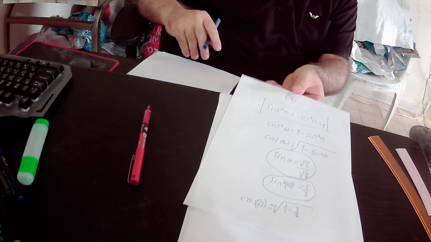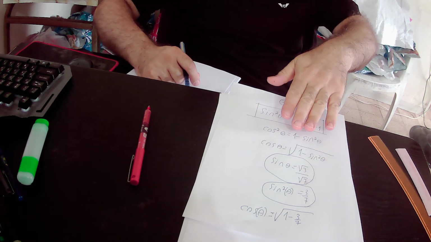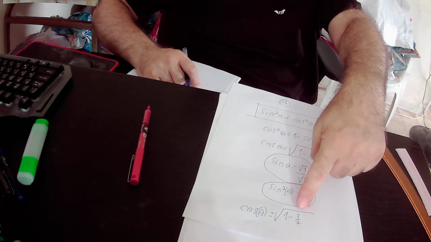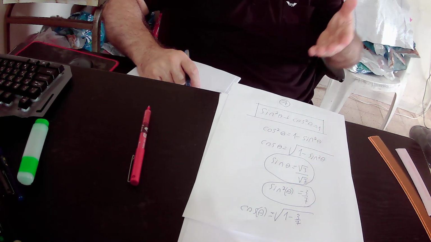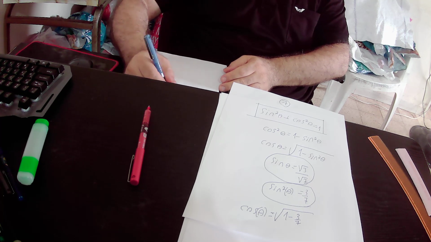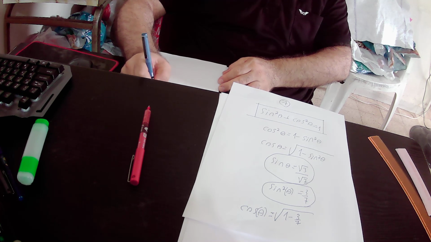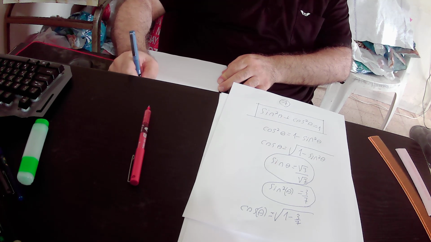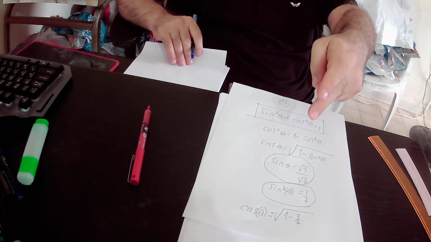We substituted sine theta squared by 3 over 7, and we got that cosine theta squared equals 1 minus 3 over 7. 1 minus 3 over 7 equals 4 over 7, so we can write down that the value of cosine theta equals the root of 4 over 7.